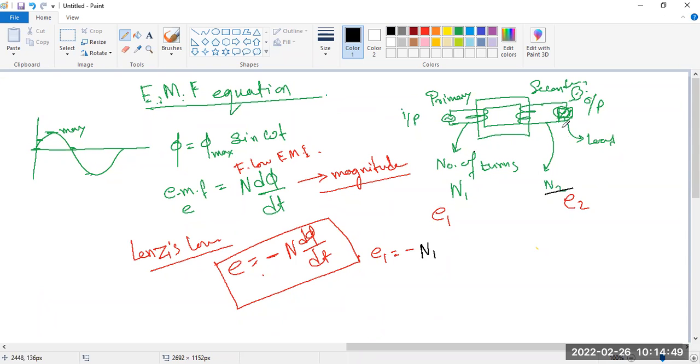N2 is the number of turns at the secondary. Okay, so d phi, phi is the same. d phi dt, and we can write the value of phi over there. E1 is minus N1 d/dt, and phi is phi maximum into sine omega t.